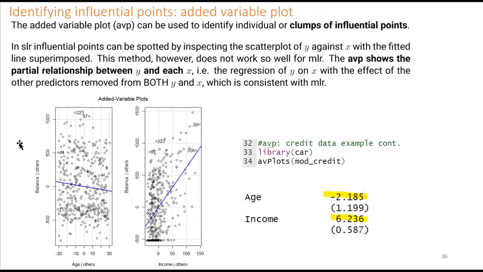The second option, apart from using Cook's distance, which is popular, is the added variable plot, which is also popular. The key difference with the added variable plot is that it can identify clumps or groups of influential points, whereas remember Cook's distance can only identify them one at a time.